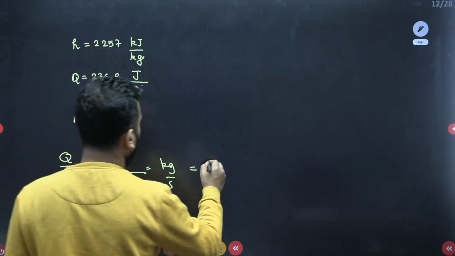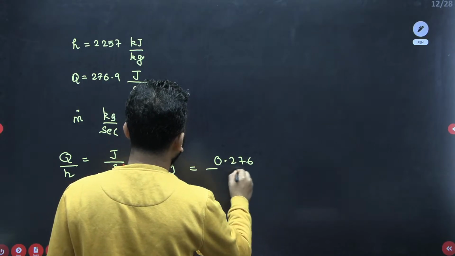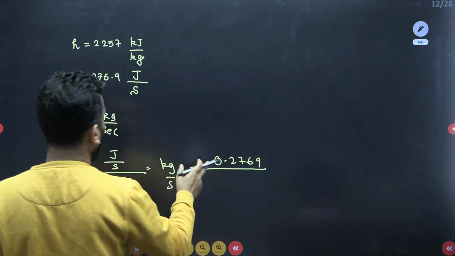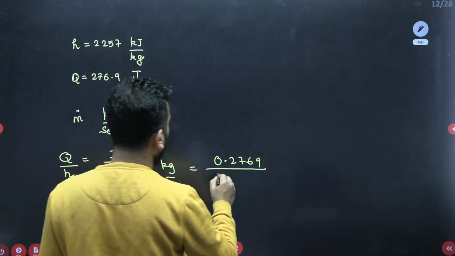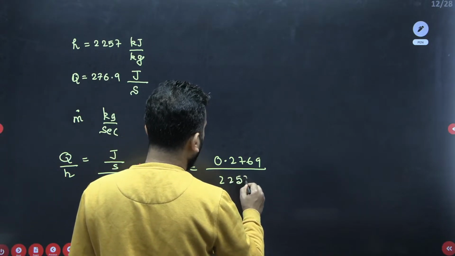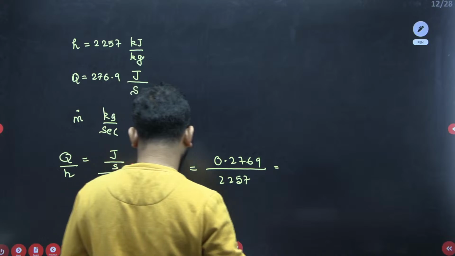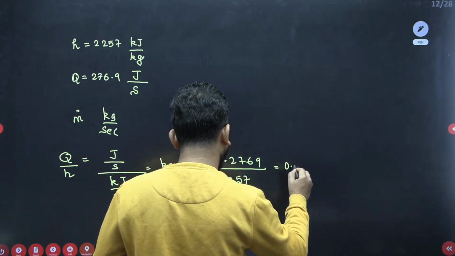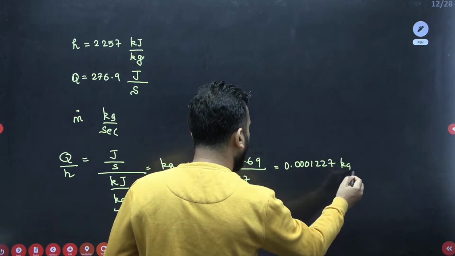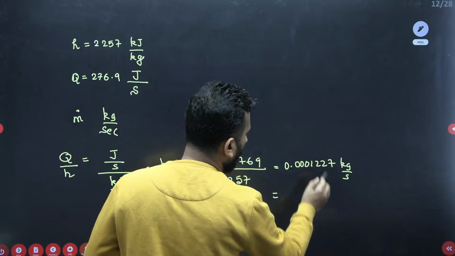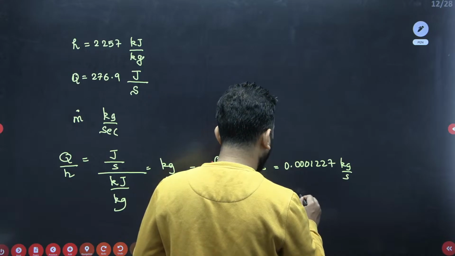So joule per second, or in terms of kilojoule it will be 0.2769 kilojoule per second, that is kilowatt, divided by 2257, and whatever is the answer, that will be your m dot. It will be a very small number in kg per second, but I can also convert it to per hour by multiplying with 3600.